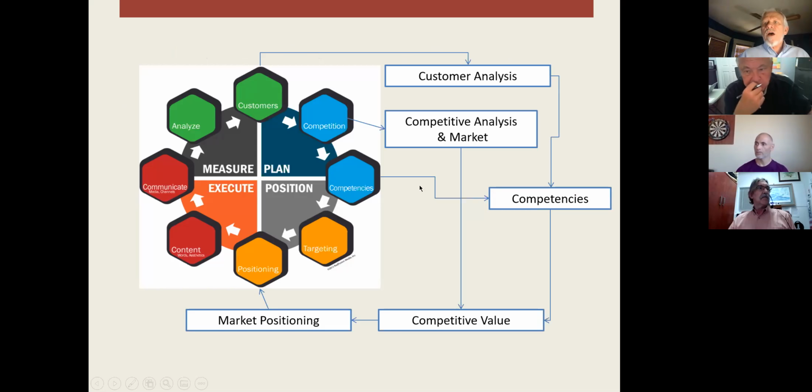And then we looked at competencies briefly: what can you really do and do well, and what should you continue to be doing in your company. You can combine the customer analysis and competencies along with the competitive side and come up with a competitive value, and that's the value diamond that we looked at. And then you finally get to the marketing position, and we talked about that last time.